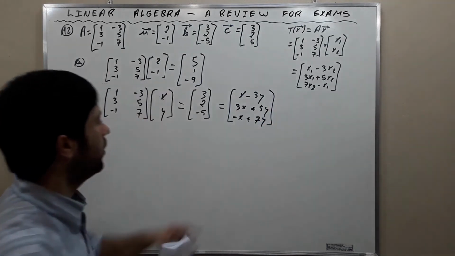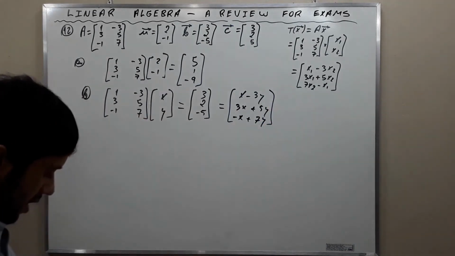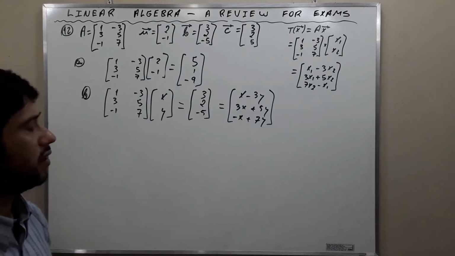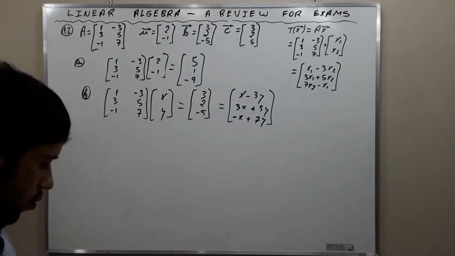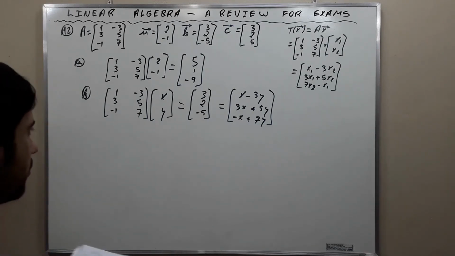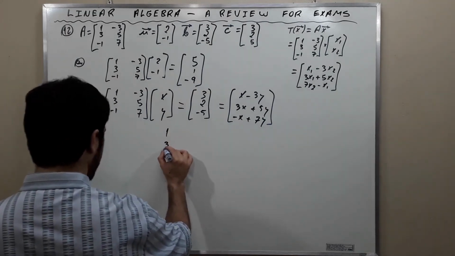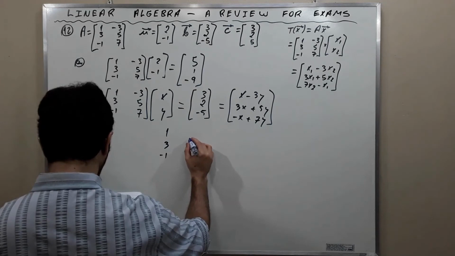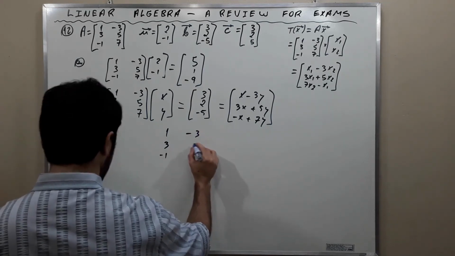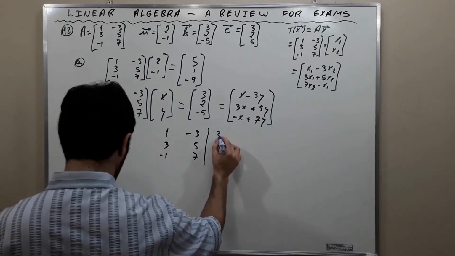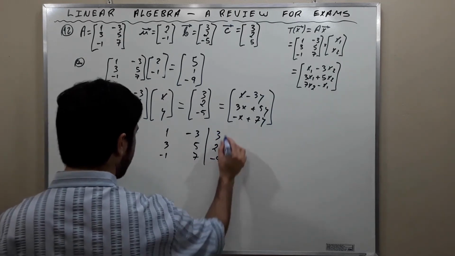Okay, so this is equal to this, and to find the values of x and y that satisfy this, we will work on the augmented matrix. The augmented matrix will be 1, 3, -1, -3, 5 and 7, and 3, 2, -5.